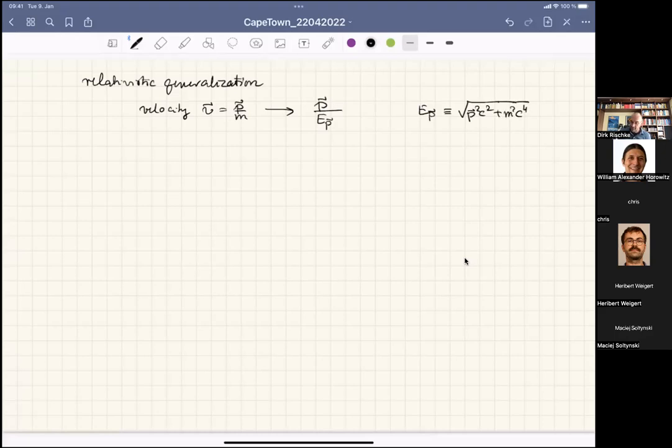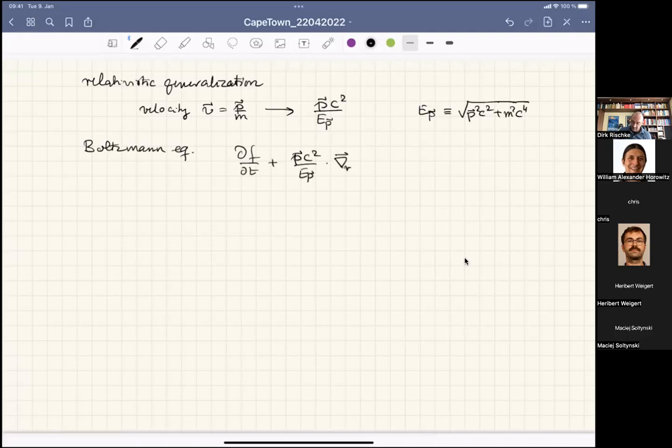And to get the dimensions correct, you need another c squared here. Okay, and then my Boltzmann equation: I can immediately get it if I replace the velocity that I had before, p over m, by this relativistic expression.